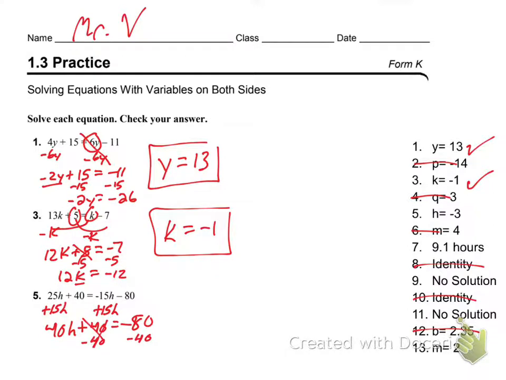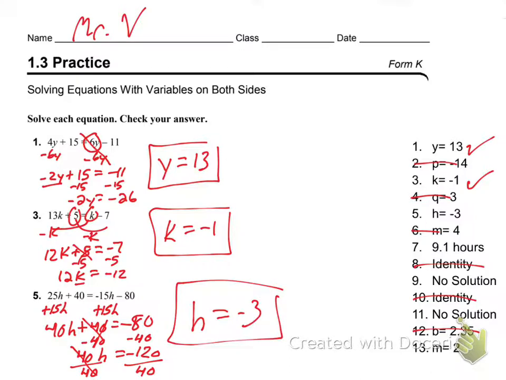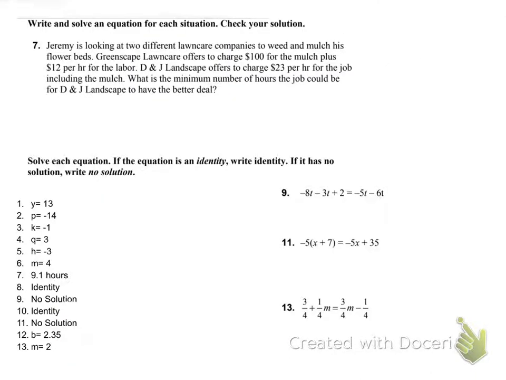These cross off, so I have 40h is equal to negative 120. Then all I have to do is divide by 40 on each side. That crosses off and leaves me with just h is equal to negative 120 divided by 40, which is negative 3. And that one's good.